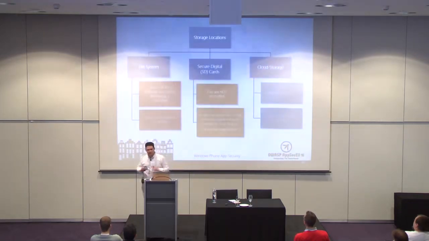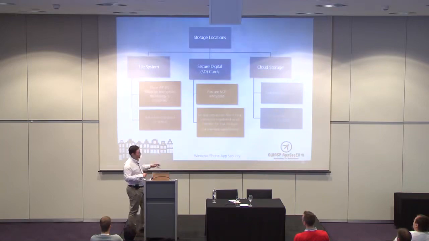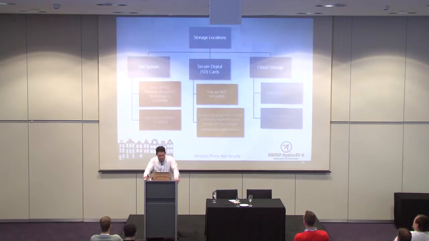So when we are dealing with the storage, this is common also with any other kind of mobile platform, but with the Windows Phone, at least we can store information on the file system, and we already know that we need to encrypt data because BitLocker is disabled by default.